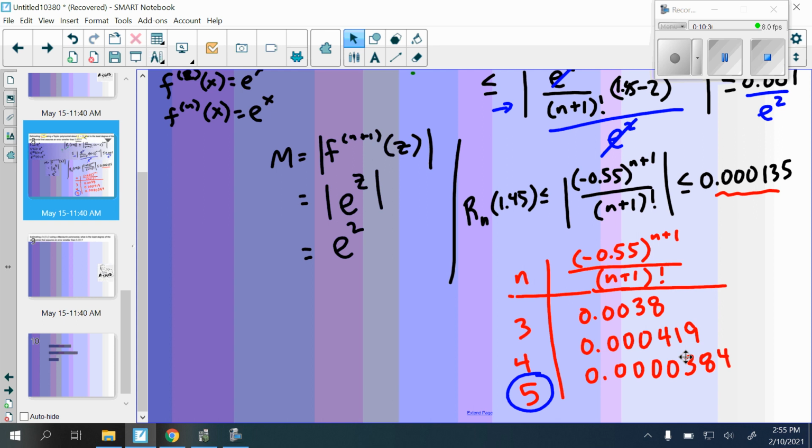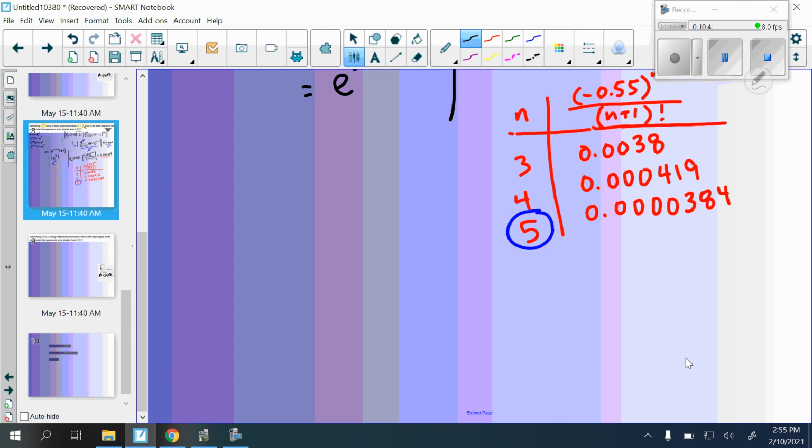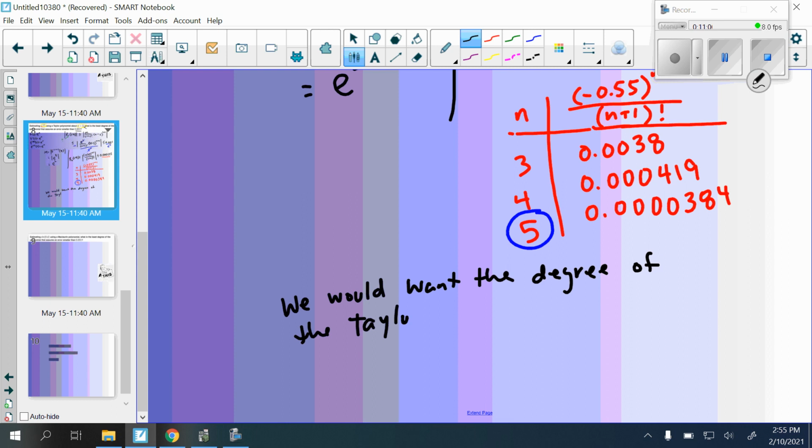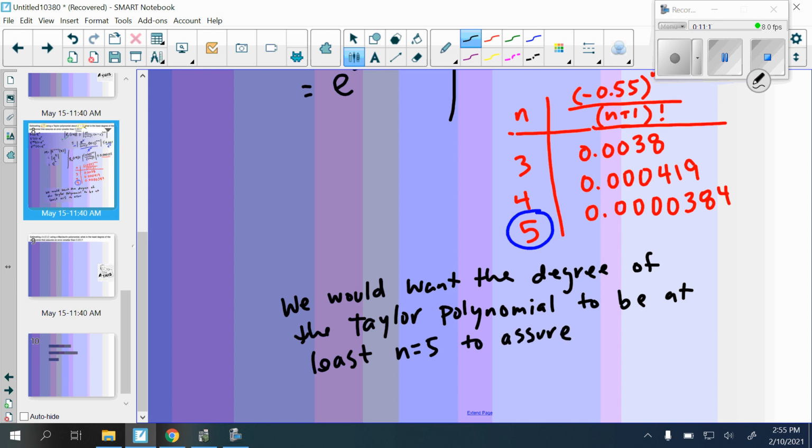So to answer our question now on this one, if we're going to write out our answer, we would want the degree of the Taylor polynomial to be at least 5 to assure that our error here is smaller than 0.001.